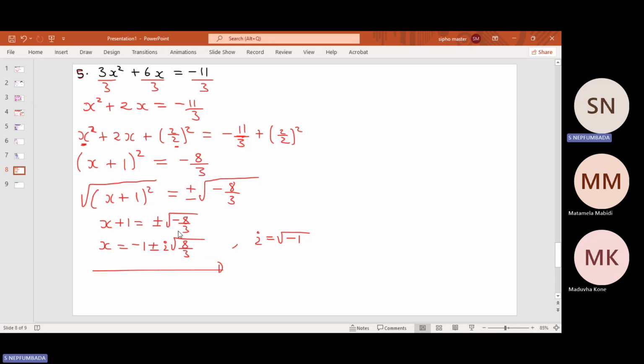Any question? Square root of negative 4 is the same as i times square root of 4, which is equal to i times 2.